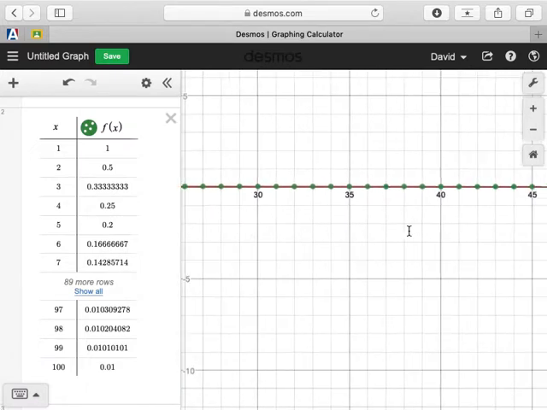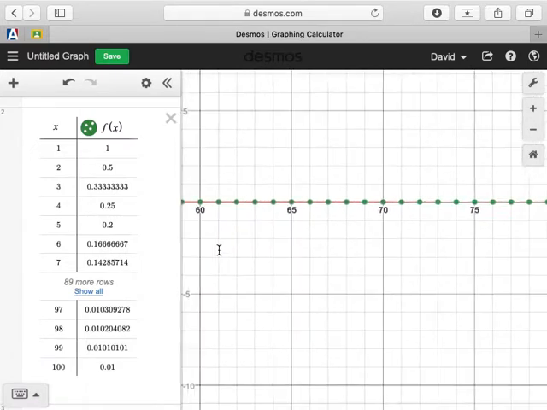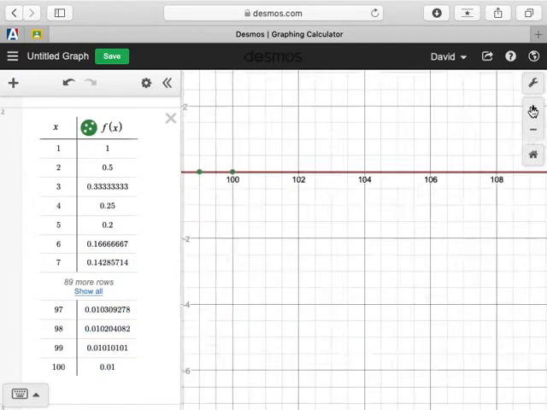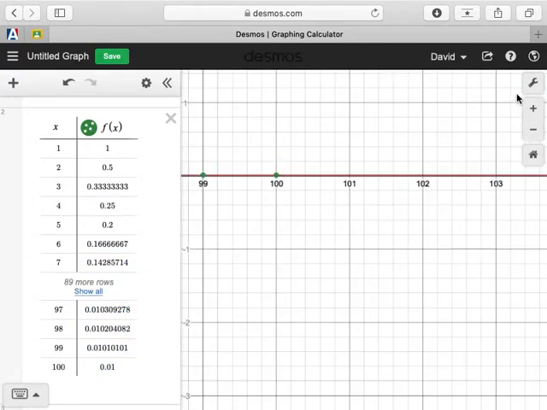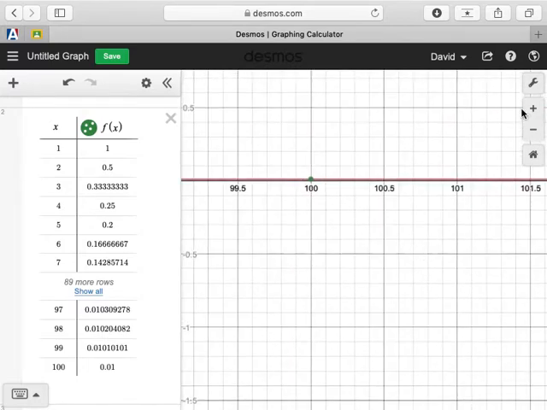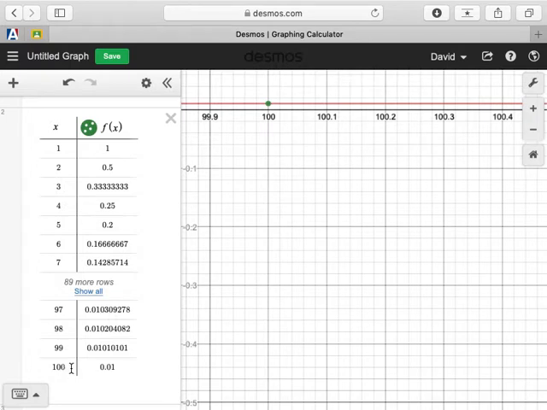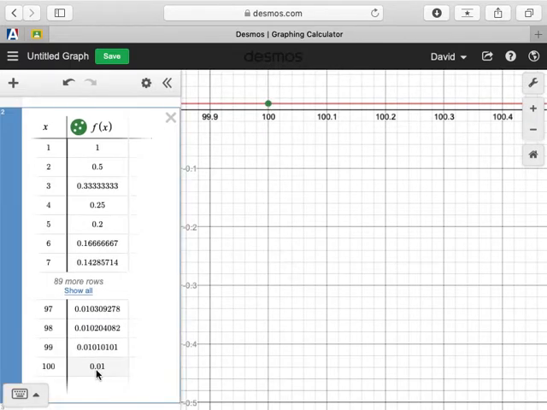As I get to 100, even though it seems like it's touching 0, is it touching 0? No. If you zoom in and continue zooming in, you start seeing a little gap. Do you see it? Correct. So it's getting closer and closer to 0, so close that we say that it's reaching 0.